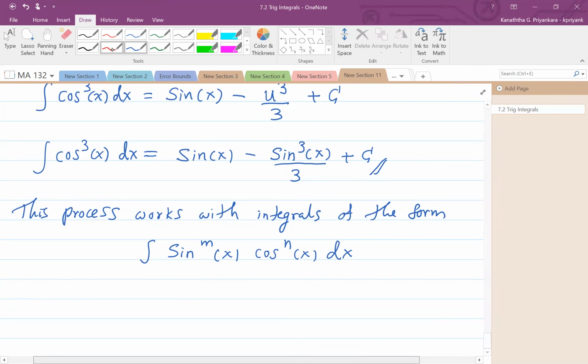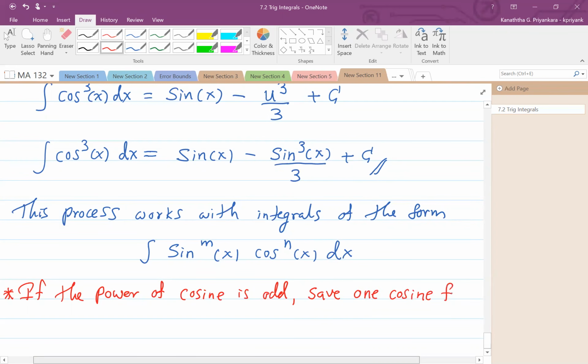Let's say number 1, if the power of cosine is odd, then what you need to do is write cosine x times the other powers, saving one cosine factor.